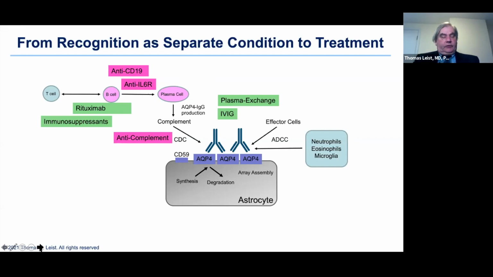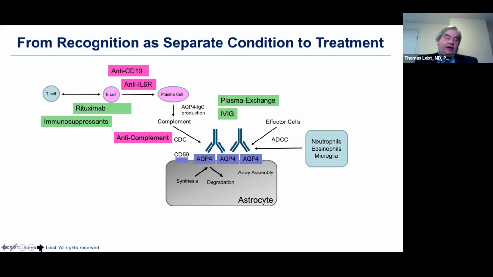Think about it. This journey started in 2004. In 2019, 2020, we have now 3 treatments of different nature for the treatment of neuromyelitis optica spectrum disorder for individuals that are positive for the anti-aquaporin 4 antibody.